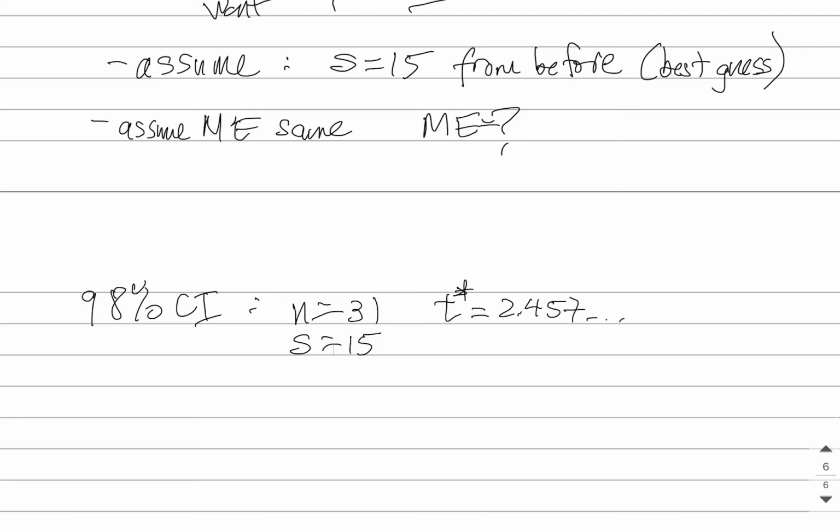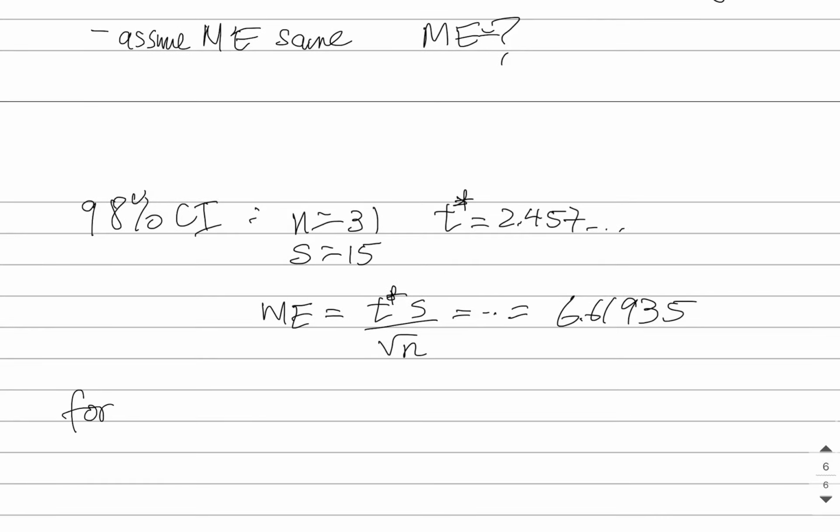I calculated this in the video. So going ahead and computing this margin of error will produce the value that you'd like. This turns out to be about 6.61935. So these are the values that we are going to have to use in our new calculation.